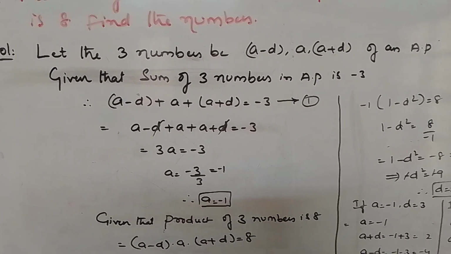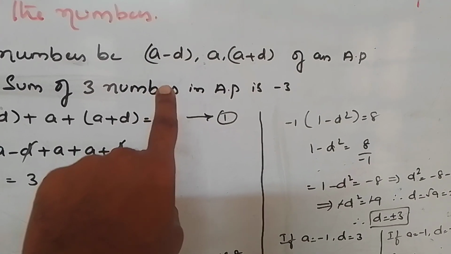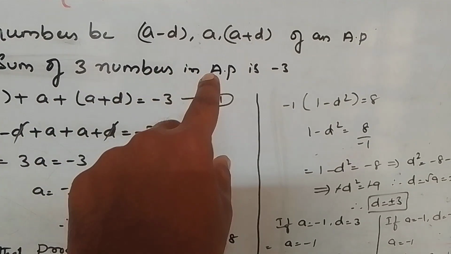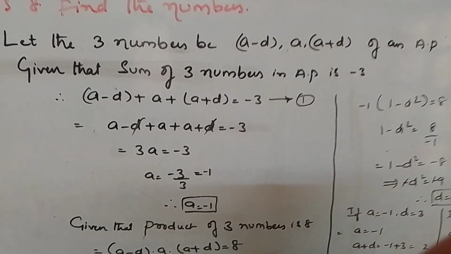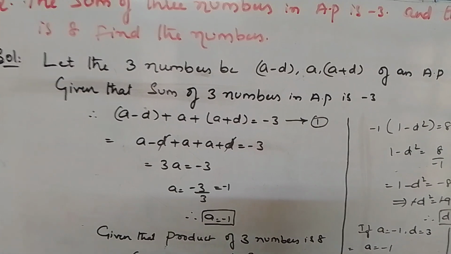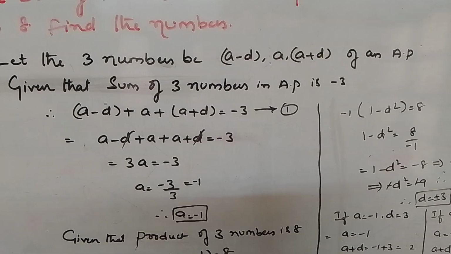This is similar. a minus d is the negative value, a is the neutral value, a plus d is the positive value. So these three are the standard values for an AP.